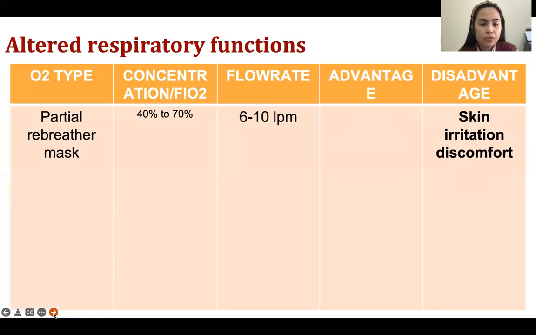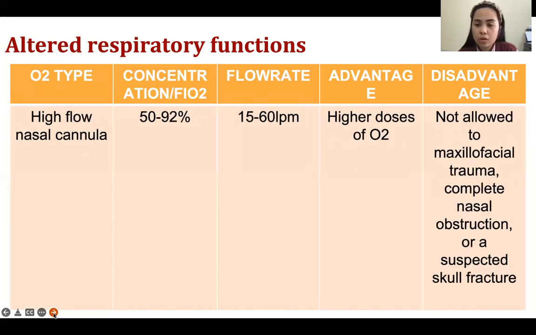Then, if all of these four will not work, nasal cannula or prong, partial rebreather mask, non-rebreather mask, and Venturi Mask, we will proceed to the high flow nasal cannula. For high flow nasal cannula, it will give you an oxygen concentration of 50 to 92%.